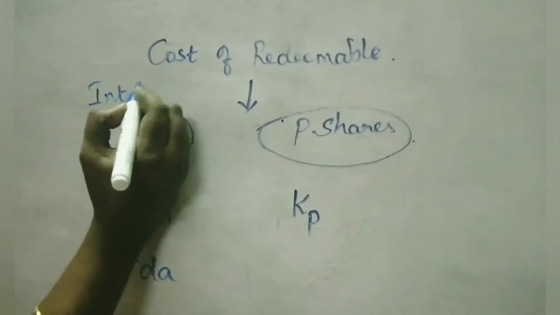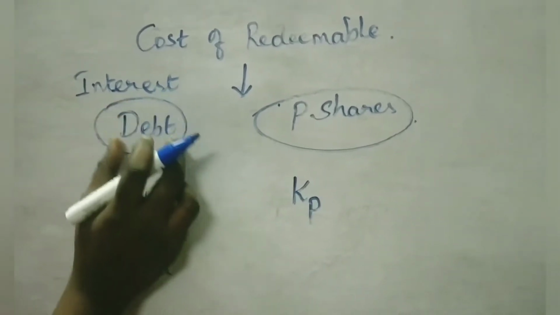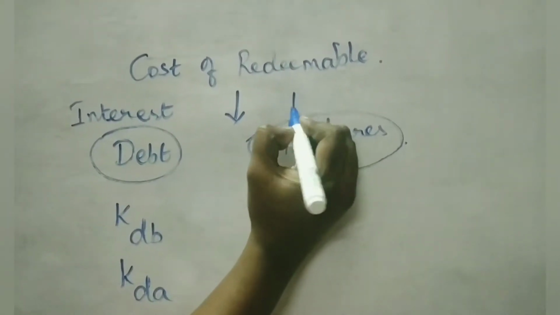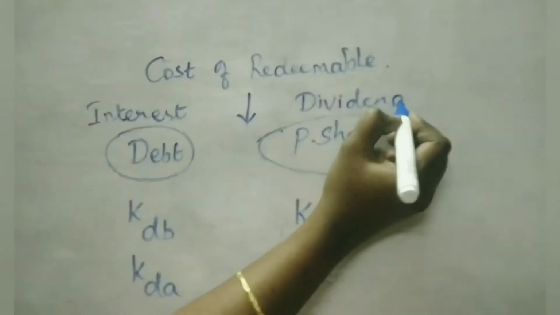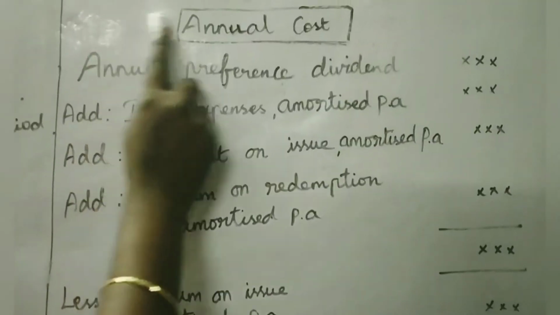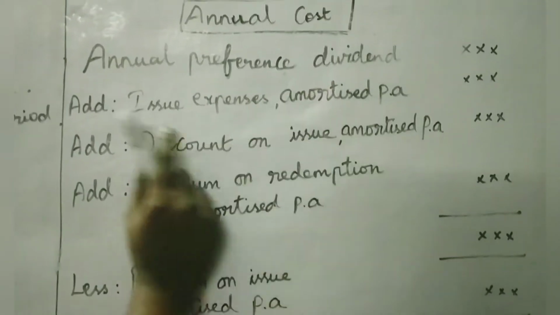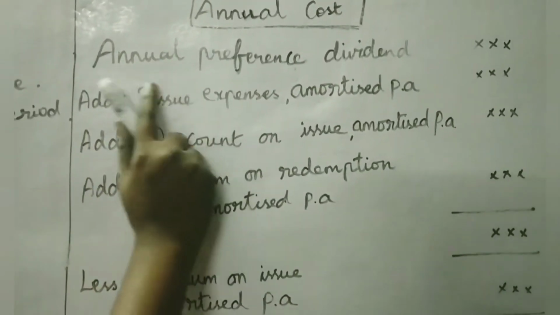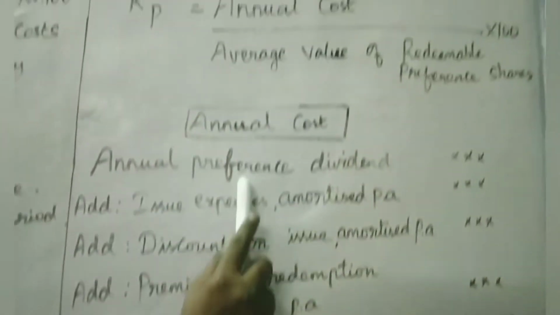Interest payable for debt is cost of redeemable debt, and dividend payable for preference shares is cost of redeemable preference shares. This is the format to find out the annual cost. Instead of interest, write annual preference dividend for redeemable preference shares.